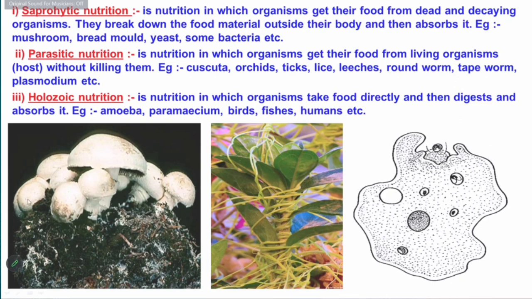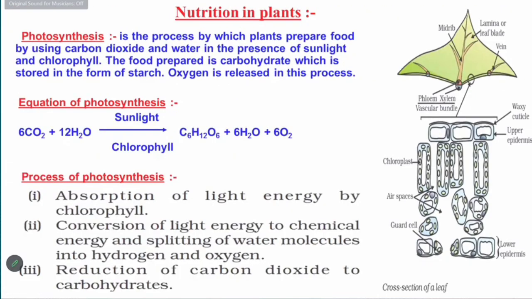So, you will be able to see on the left of the slide there are the mushroom-like structures. In the middle you will be able to see the cuscuta, that is known as dodder or amarvel, and on the extreme right you will be able to see the holozoic nutrition example, that is known as amoeba. So similarly, nutrition in plant.